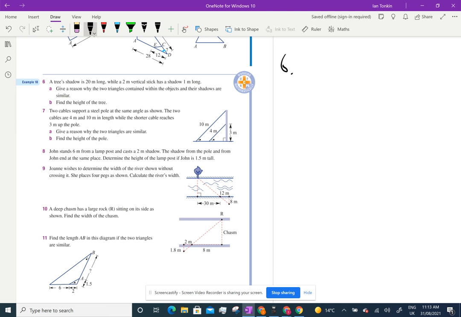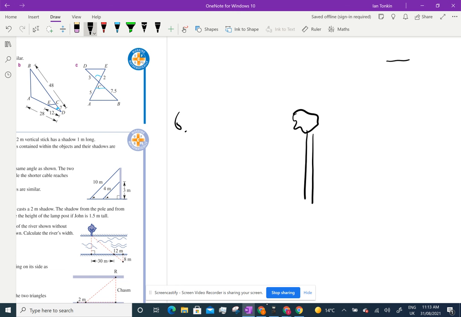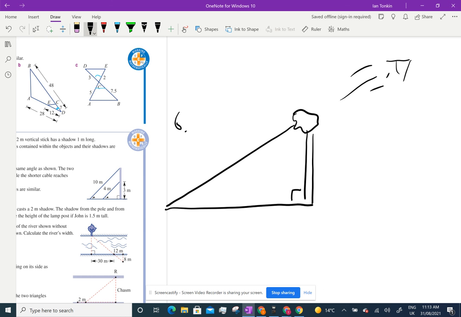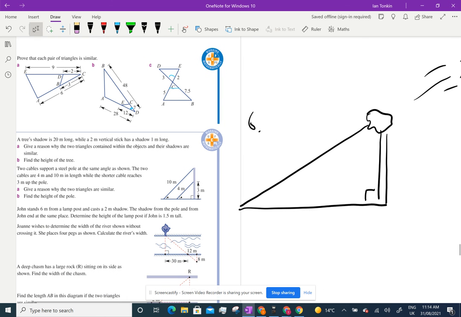So you draw a tree, and the sun's casting a shadow. All right, so the sun's up here, and I get a shadow. We're going to assume the tree is vertical. And it says the shadow is 20 metres long.